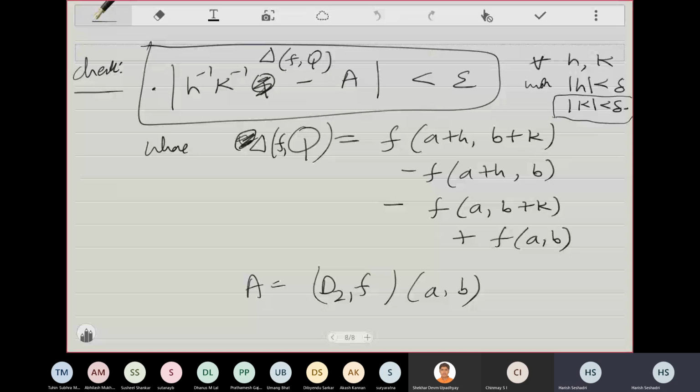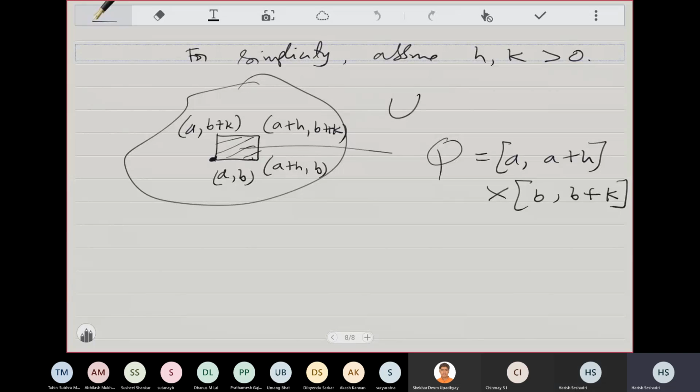Now, this geometrical interpretation is not really needed, but it helps to draw the picture to some extent.